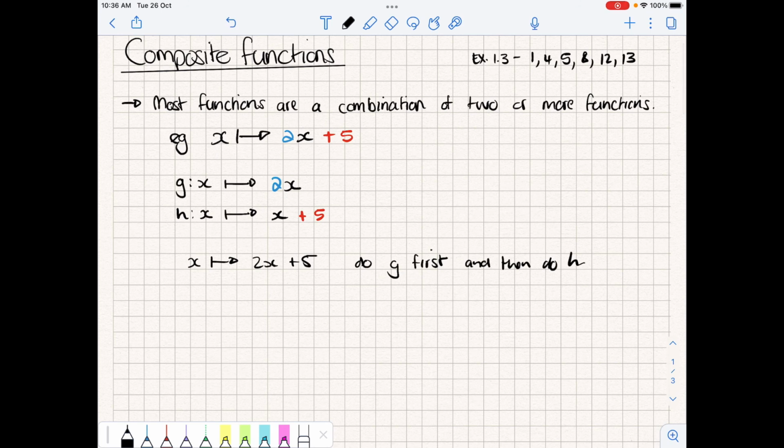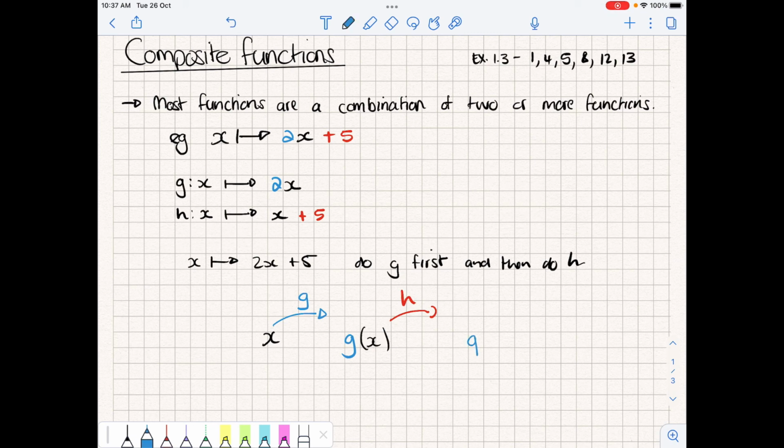So to show this in a flow diagram, we could start with a variable x, right? And the first thing we did is we applied the function g to it, which was multiply by 2, right? And this gave us g of x. And after that, we applied function h.